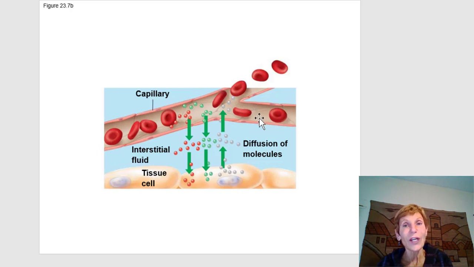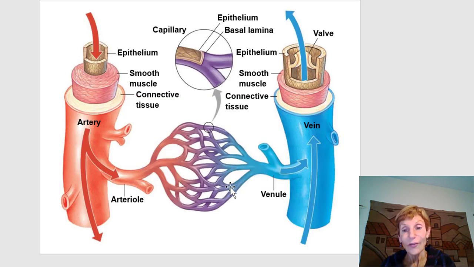And then once exchange has occurred, you want to get that blood back up to the heart as soon as possible so it can dump off the CO2 and pick up oxygen again. Once it gets to the venules, those overall are going to be a smaller diameter than the big capillary bed, so it speeds up. Getting to the veins, because there are fewer veins than venules, smaller diameter overall, it speeds up even more.